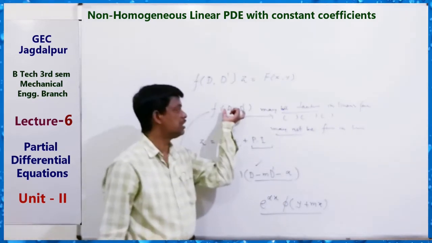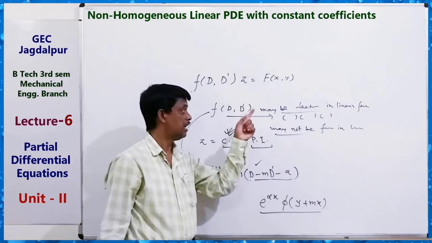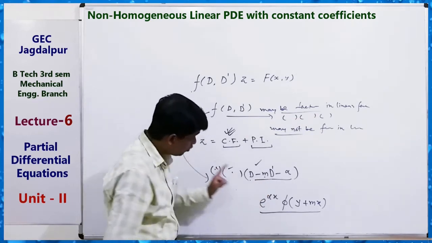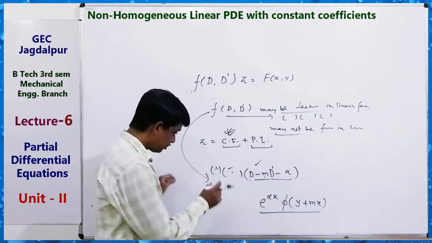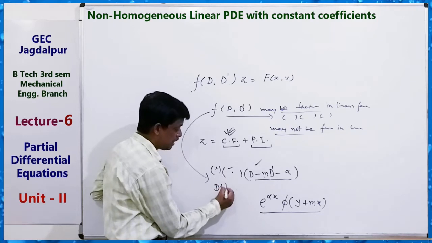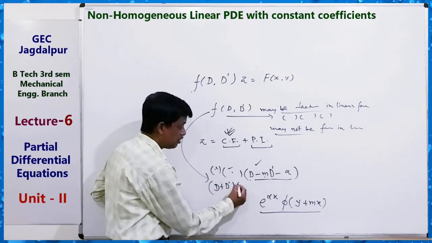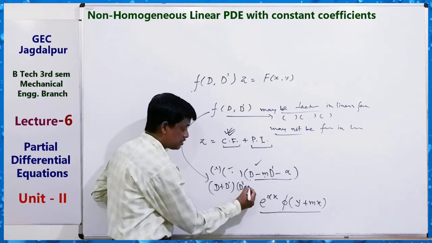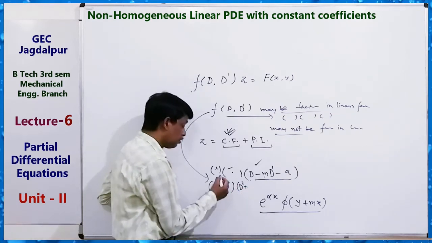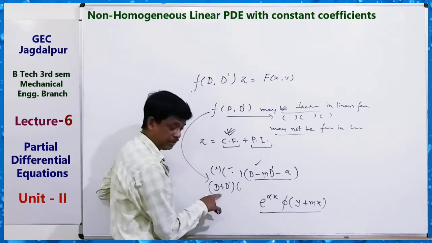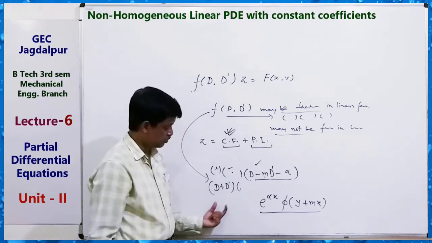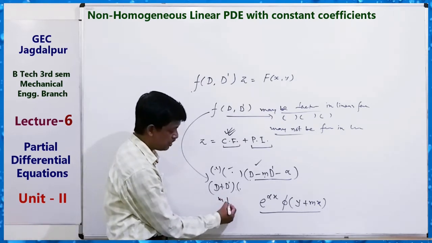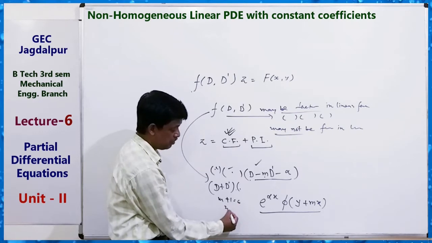When we can factorize this non-homogeneous expression into linear factors, there may be this type of factor also. If we have a factor like D plus D dash or something else, then corresponding to this linear factor, D means m, D dash means 1, m plus 1 equals 0, m equals minus 1.